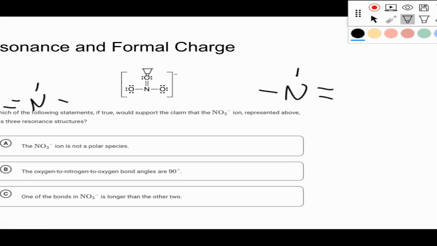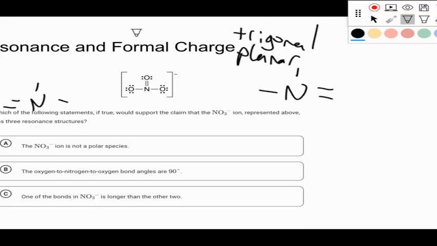It's saying what are some claims. So if we look down here, it's talking about bond angles and polar species. So we need to figure out what its shape is and what its angles are. It has 1, 2, 3 shared regions off the central atom. That means that it is trigonal. It has no unshared, so it is trigonal planar.